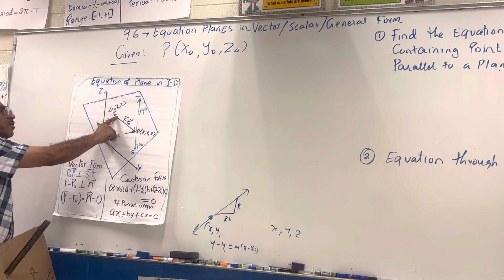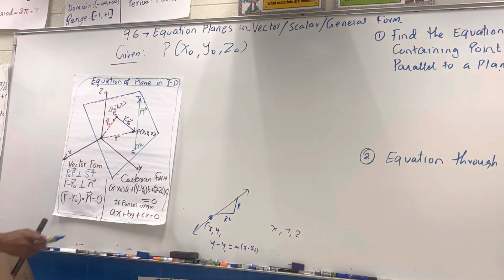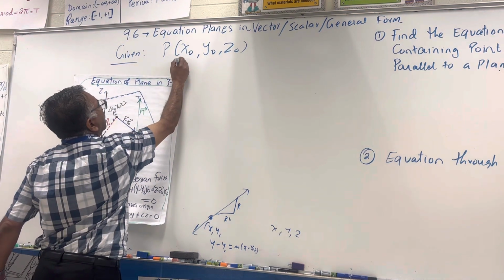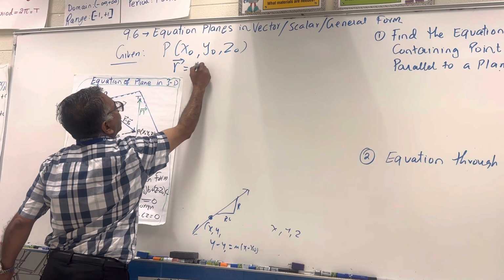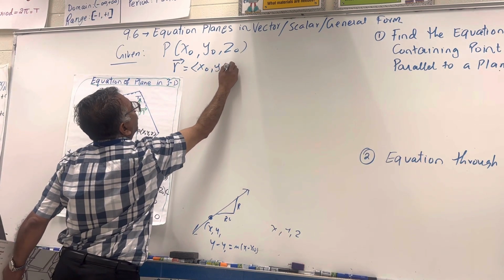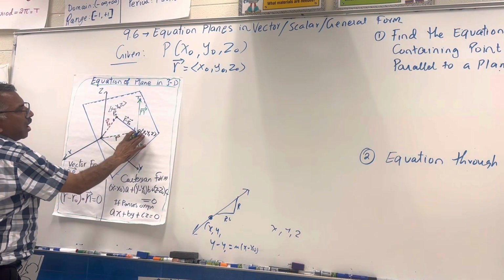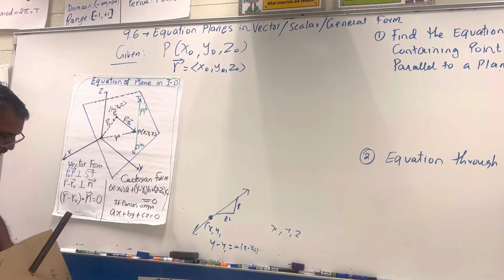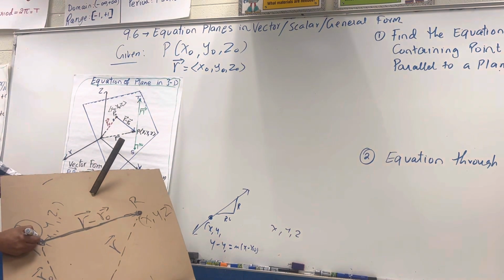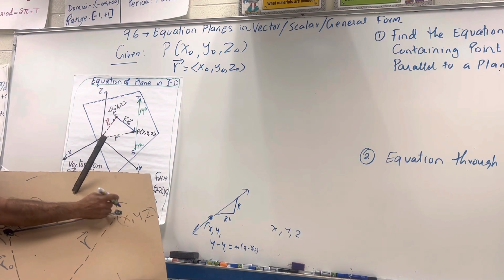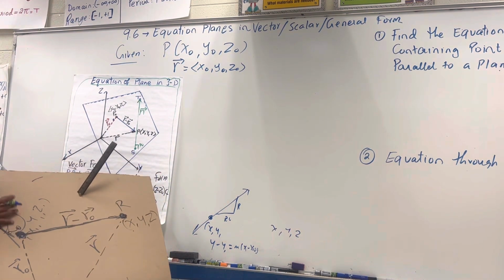there is a position, and this will be r naught, a position vector. So your r naught here will be x naught, and these are the components of r. If you have a P which is a fixed point, then the r could be anywhere on the plane here.